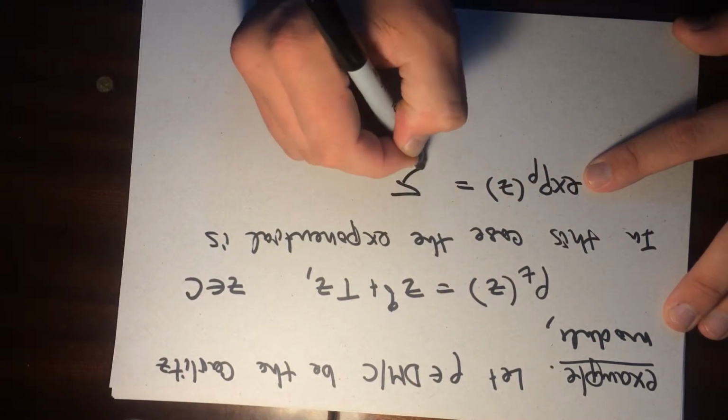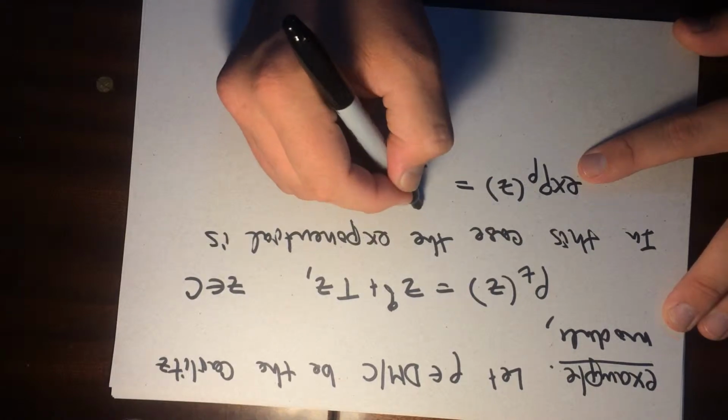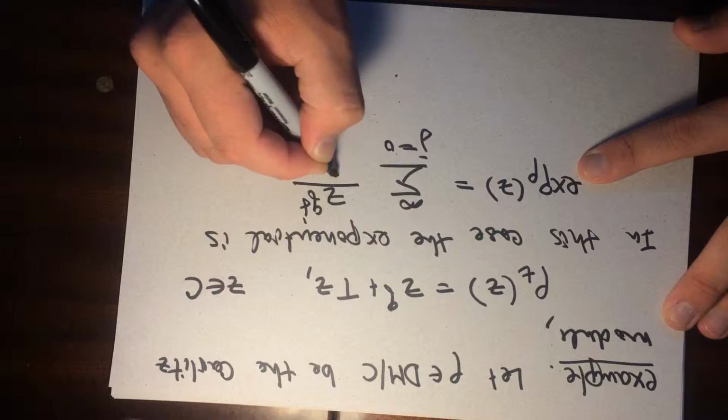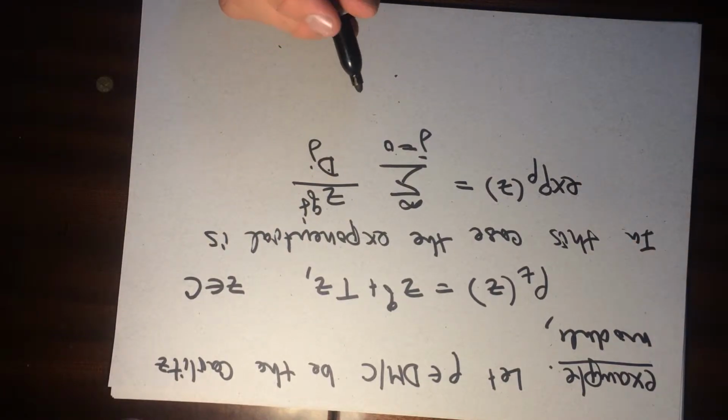So this is the sum to infinity of z to the q^j over D_j. Okay, so this is called the Carlitz exponential.